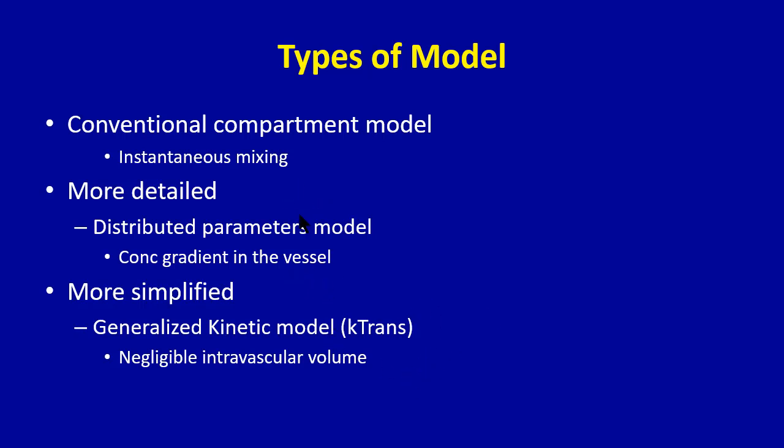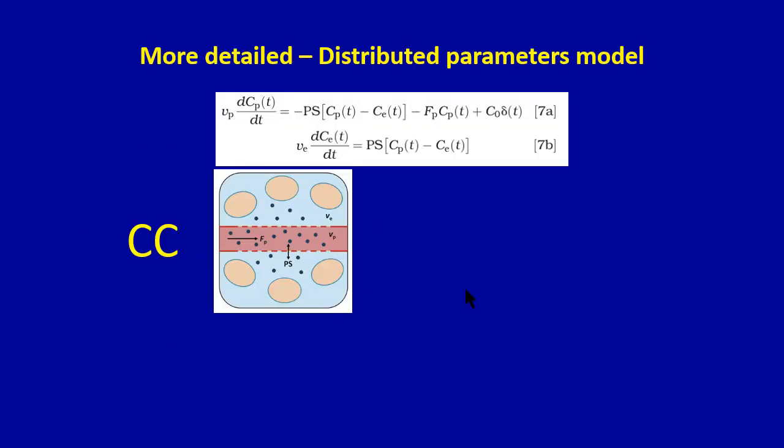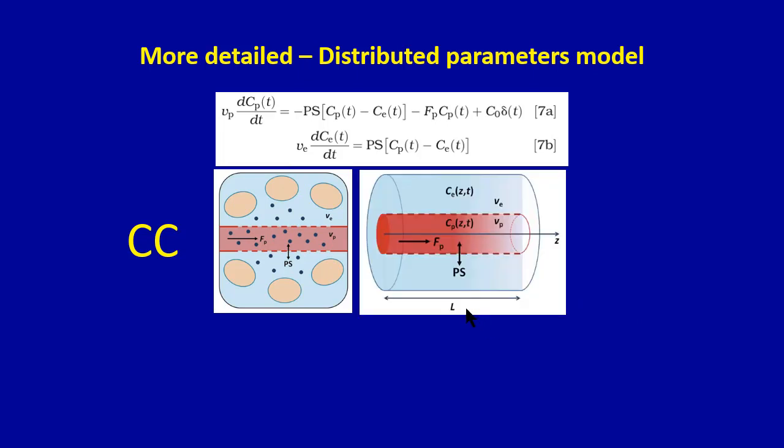Now, you can make them more complicated by using another model called a distributed parameter model, or you can make it simplified by using the Ktrans or the generalized kinetic model. Let me explain the DP model. It's easier to explain. So this is what I showed you earlier. The distributed parameter model says that no, there is no instantaneous mixing. The concentration is higher at the arteriole, and similarly, the concentration in the interstitium also shows a gradient.